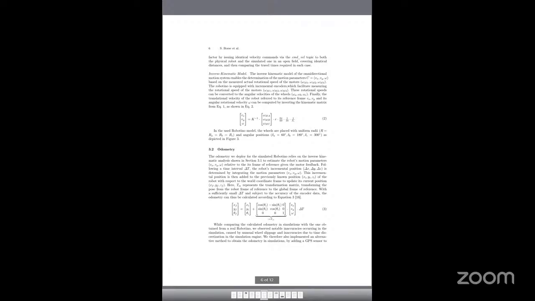If the encoder data is correct, then odometer is also correct. In simulation, one of the major problems they have observed was, in ground, the wheel will slip, right? The same effect they will see in the simulation also.